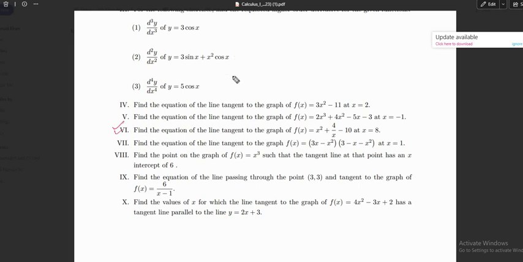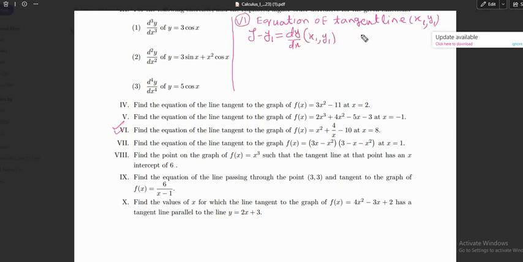First of all, check the sixth part. The equation of the tangent line at the point x1, y1 is y minus y1 is equal to the slope, that means at the point x1, y1, times x minus x1.